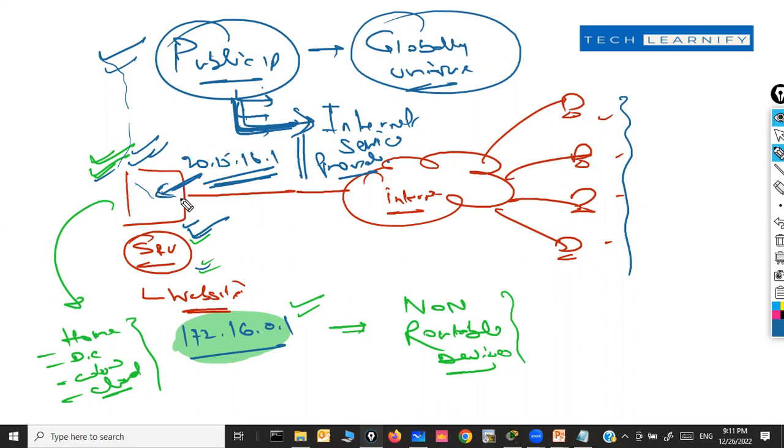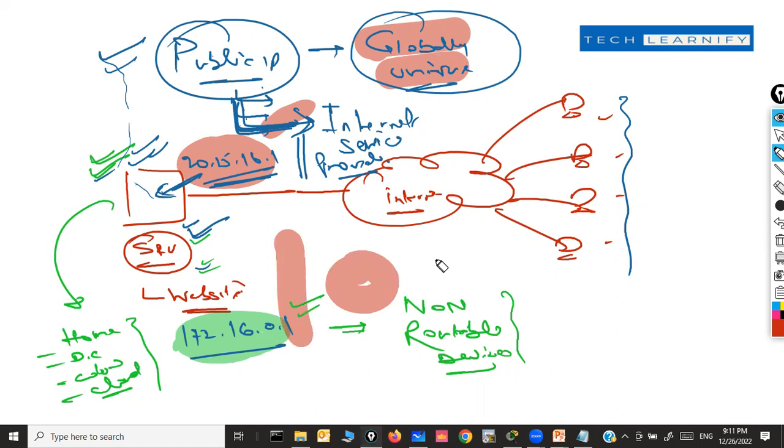But now, the IP address provided by the internet service provider would definitely be globally unique. Now we are 100% sure that the IP address is not used anywhere, that no one over the internet is using the same IP address.